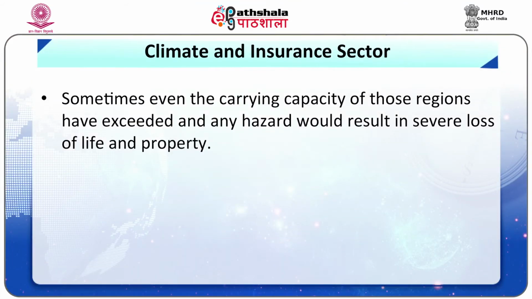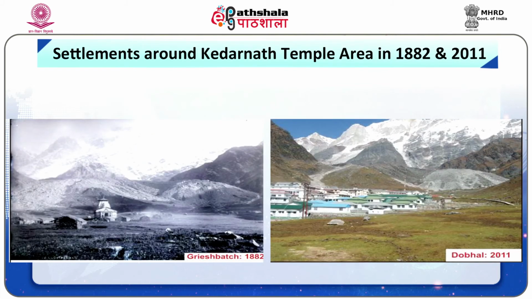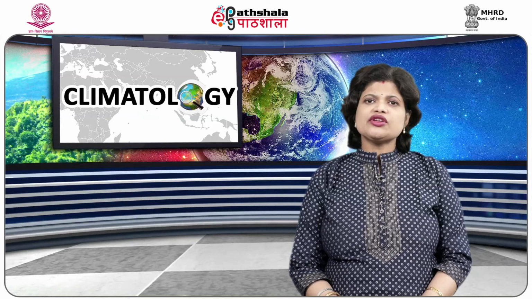Sometimes even the carrying capacity of those regions has been exceeded, and any hazard would result in severe loss of life and property. A very good example can be seen in figure 5, which shows the Kedarnath area in 1882 and 2011. You must have noticed that many settlements have come up in these years around the temple area, which is a landslide prone area, especially during the rainy season.